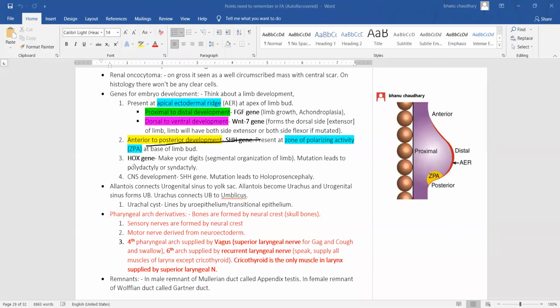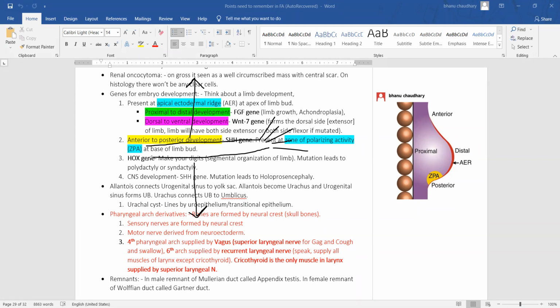So this is your limb, and these are your fingers. This is the anterior part and this is the posterior part. What structures are going to be on the anterior side and what structures on the posterior side is totally dependent upon the Sonic hedgehog gene.